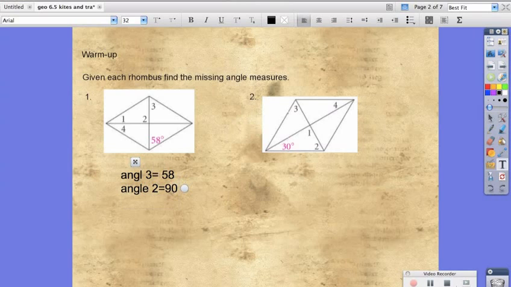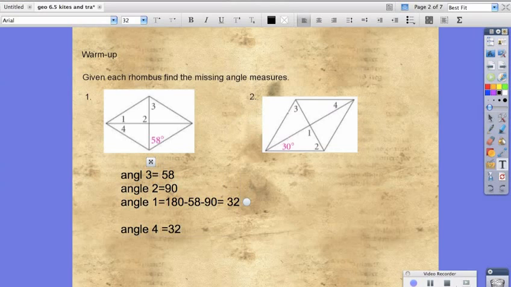Now, because angle 3 and the unnamed angle are also 58, on the top left triangle, which is 180 degrees, we have angle 2 which is 90, the unnamed angle which is 58, then we need to subtract all of that from 180 to get angle 1, which is 180 minus 58 minus 90, which is equal to 32 degrees. Angle 4, because it is the bisected angle, is also 32 degrees.